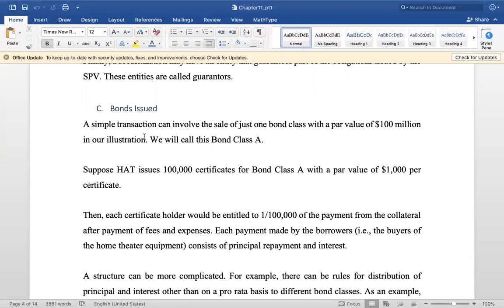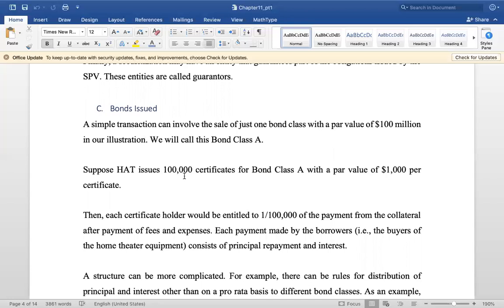The bonds issue. Let's talk about it. Until now we were talking about one side of the structure, which is how the loans are converted into assets. But now let's talk about what happens to those securities. What kind of securities are issued from this asset-based structure? A simple transaction can involve the sale of just one bond class with a par value of 100 million in our illustration.